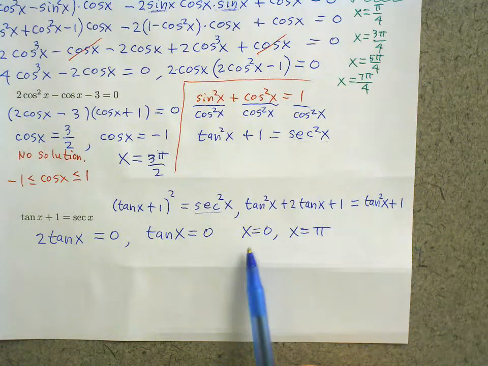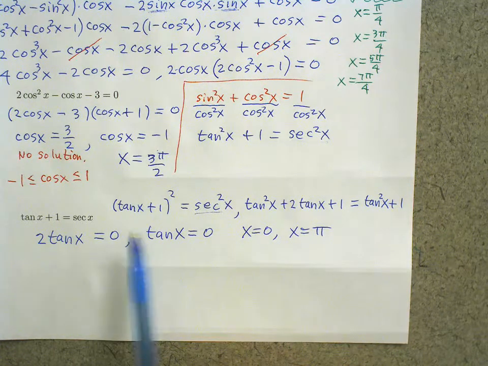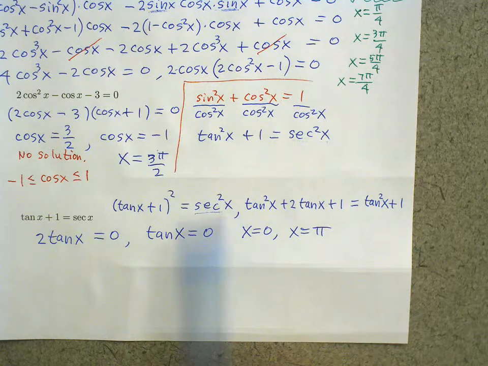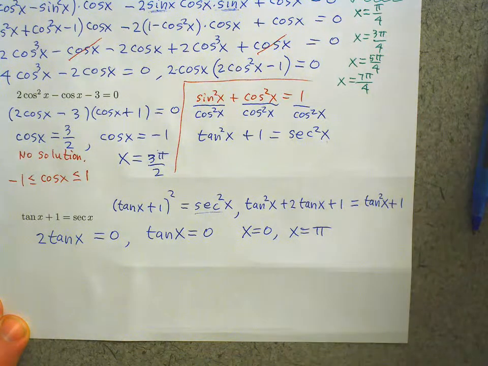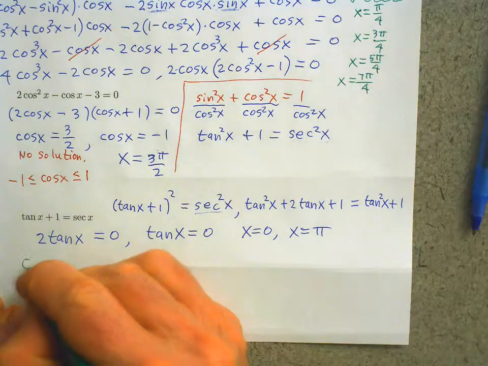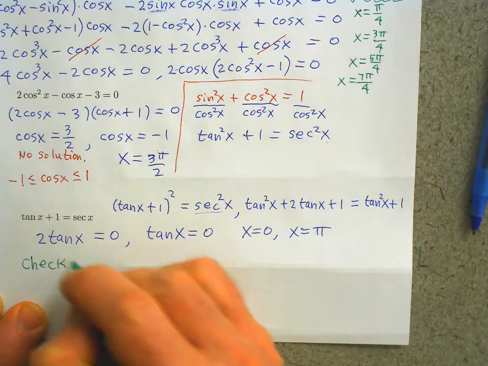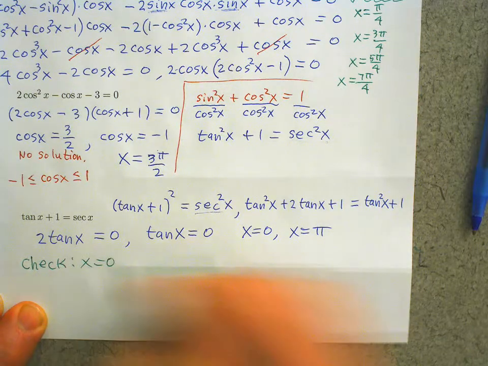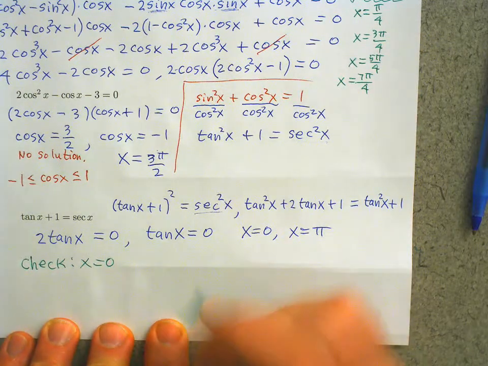Okay, but we should check. We started out by squaring both sides, so we might have an extraneous solution. So if we check x equals 0, well, this one works out.